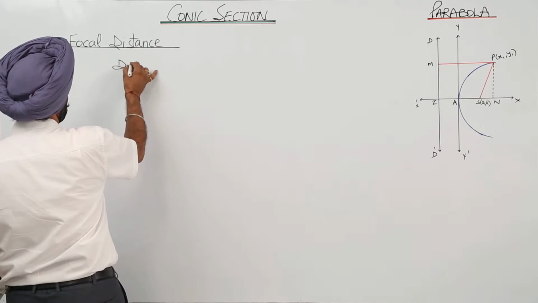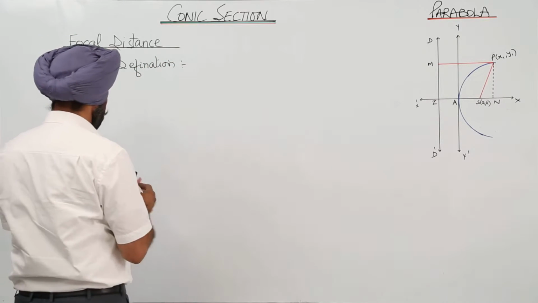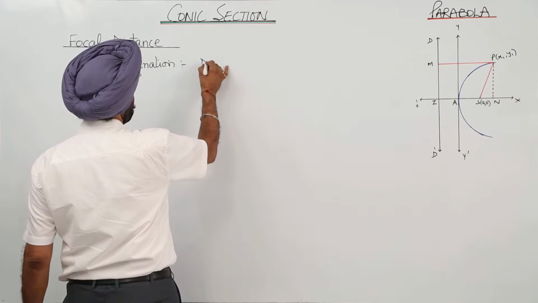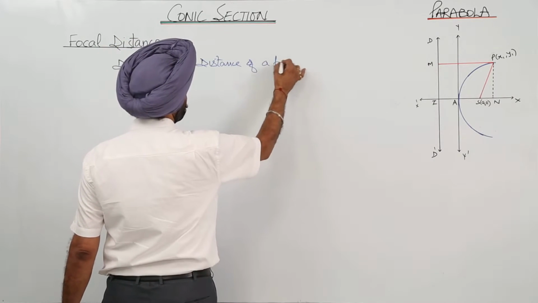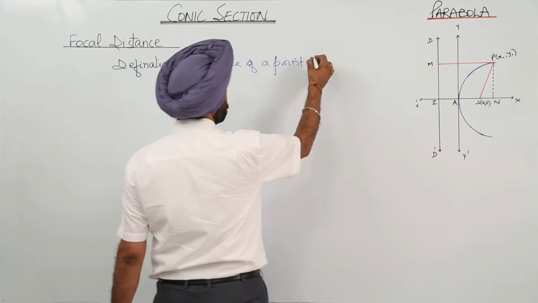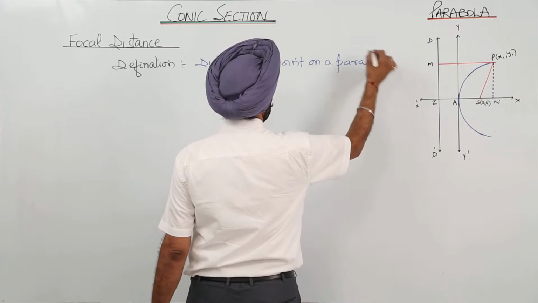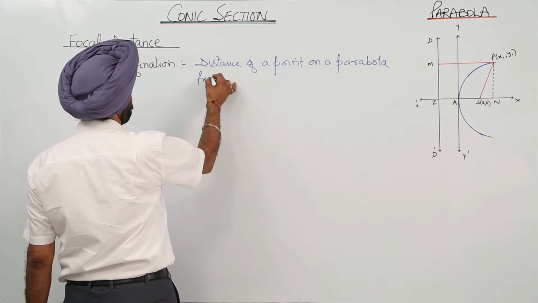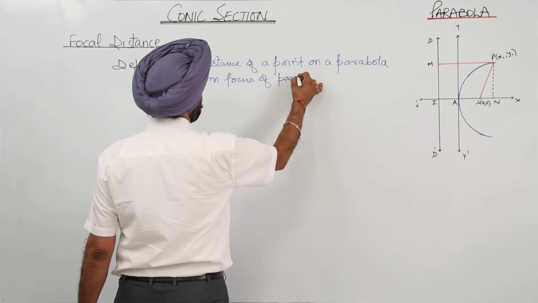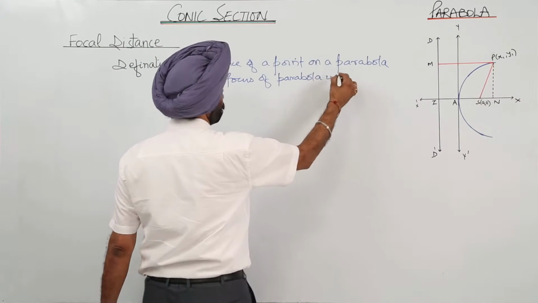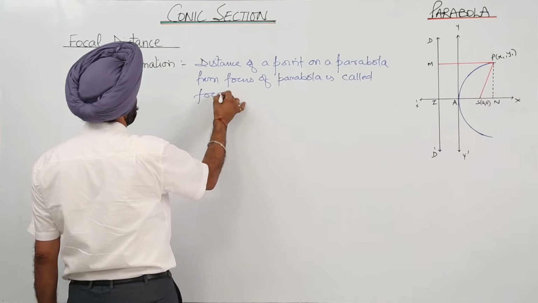Definition: the distance of a point on a parabola from the focus of the parabola is called focal distance.